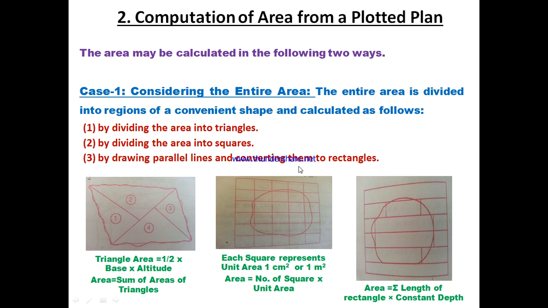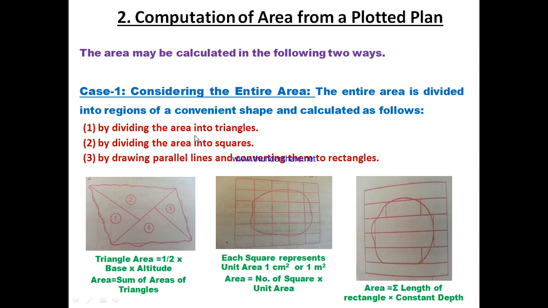While in the second one we just have the plan and the rough idea. So in that particular case we try to divide that rough figure in the form of triangles, squares or rectangles. This is the one case.